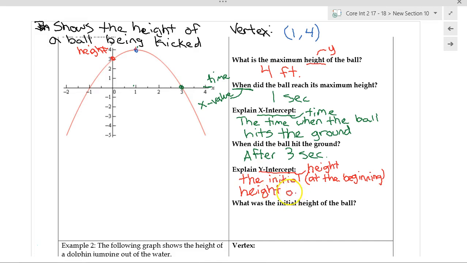So what was the initial height of the ball? Well, looking here, my initial height was 3 feet.